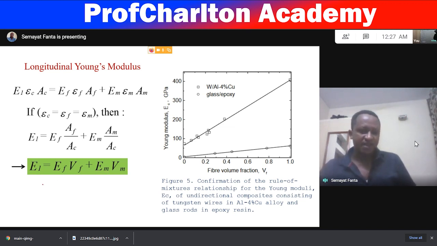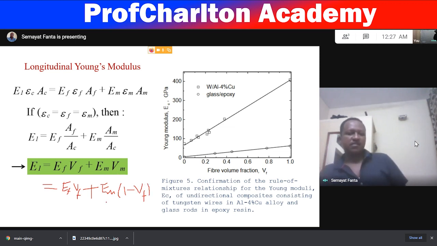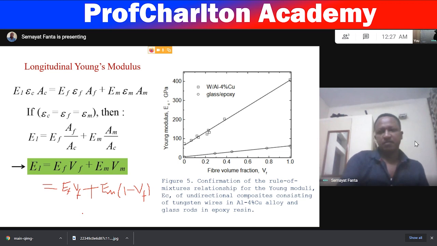Most of the time we can represent it as E1 = EF VF + EM (1 - VF), to minimize the VM quantity. So we can represent it like this.